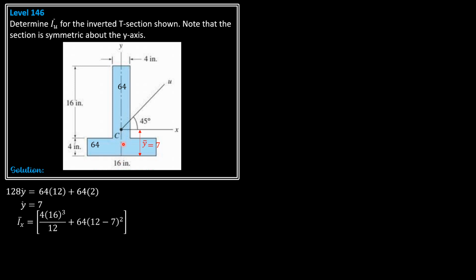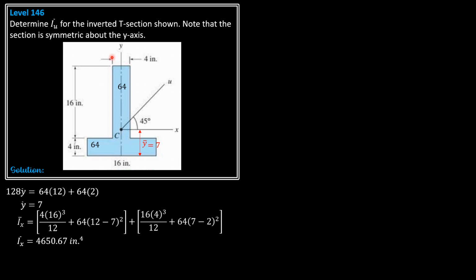For the lower area, 16 times 4 cubed over 12 plus 64 times the quantity 7 minus 2 squared. So Īx can now be computed. It is equal to 4650.67 inches to the fourth.